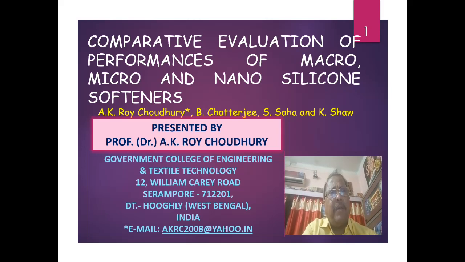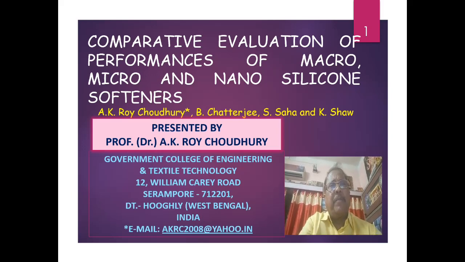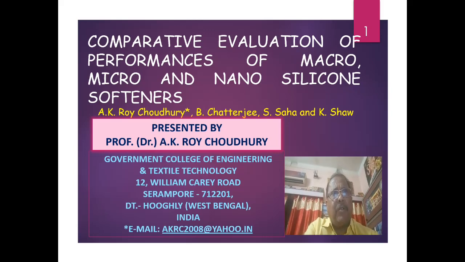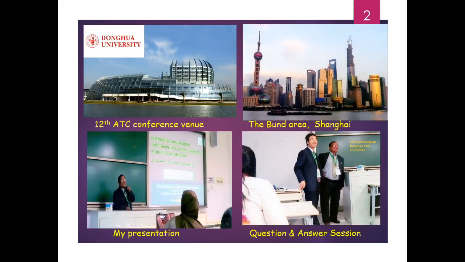It consists of 7 professional associations of Asian countries to provide a common platform to the textile scientists. ATC 12 was arranged by the Chinese Textile Society at Donghua University, Shanghai, during 24th to 26th October 2013.